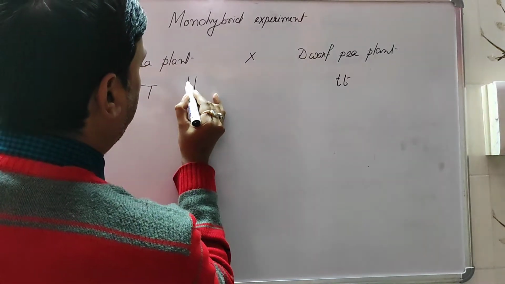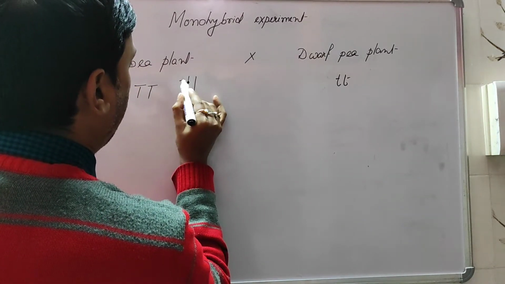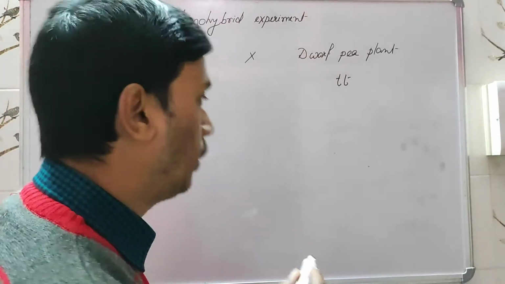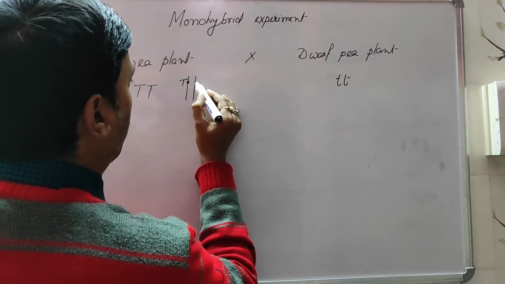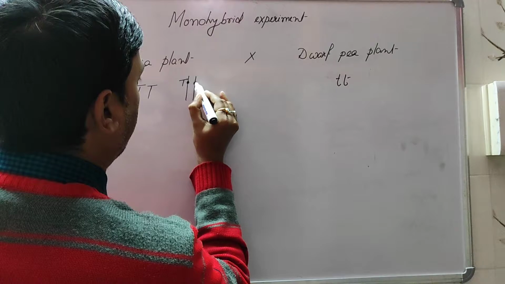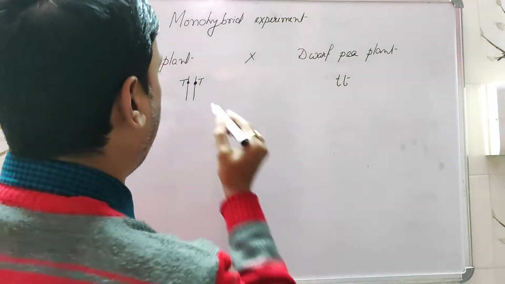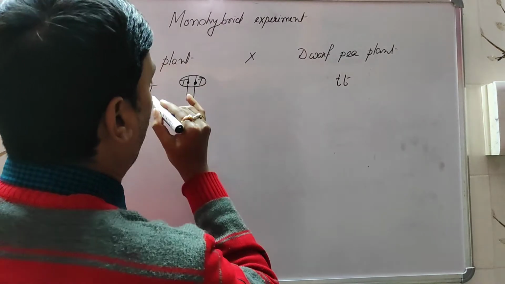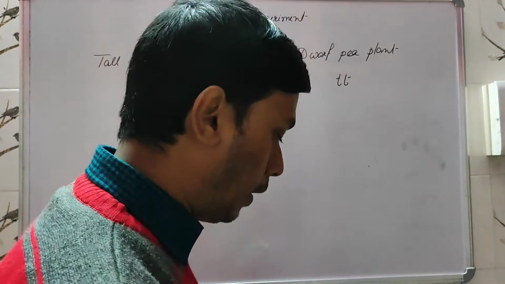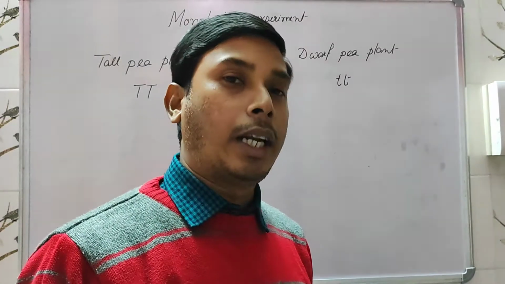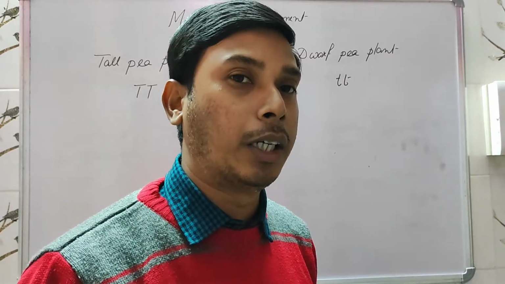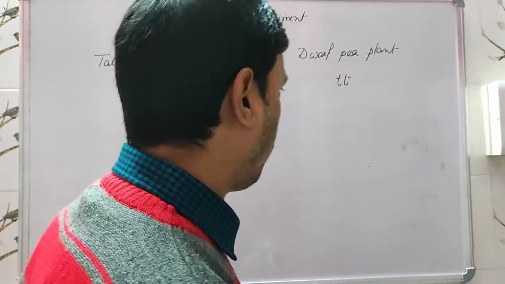In this particular position the gene capital T is present, and in the corresponding area, in the same locus of the homologous pair, capital T is again there. That means this portion of the gene of this homologous pair controls the character of height, and that particular trait is tall.